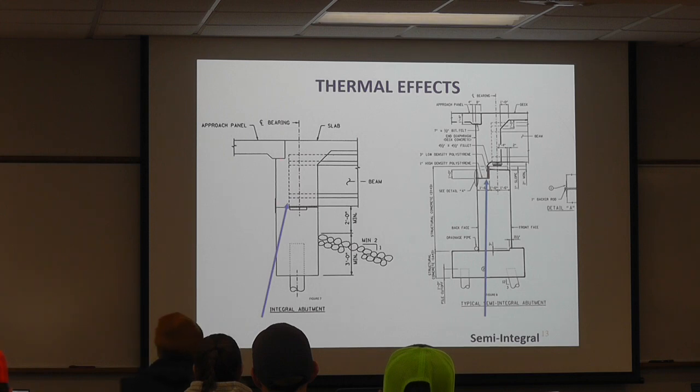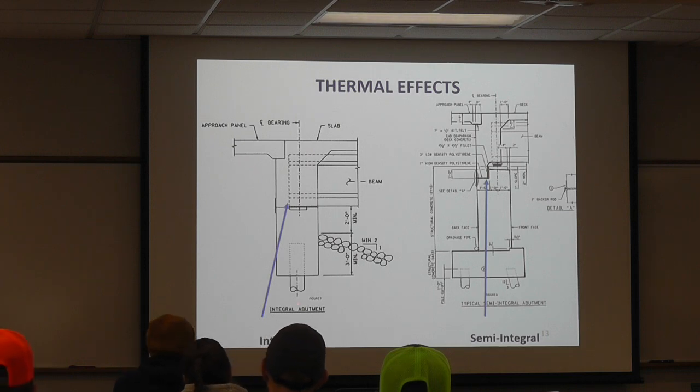There are some dowels that will attach the approach panel, so there's no movement at this joint. Everything moves, and as the bridge expands to the left, these piles will essentially bend, and it will accommodate movement. And that is how the integral abutment works.